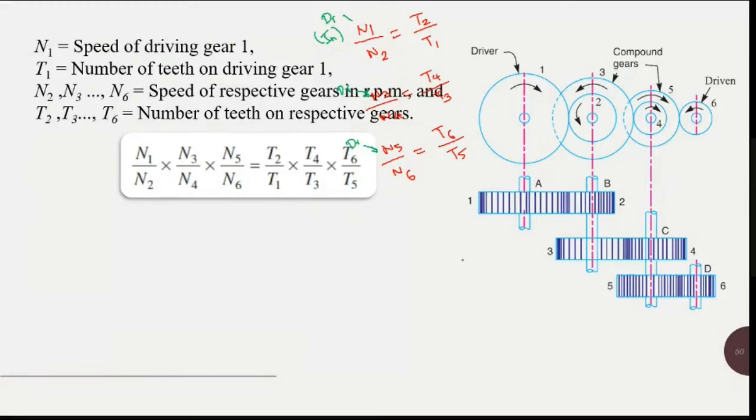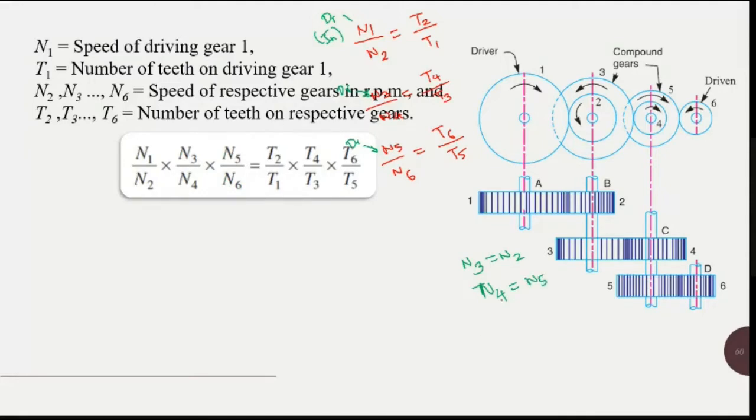So if gear 2 is rotating at 100 RPM, gear 3 will also rotate at 100 RPM because it is on the same shaft. Which means I can say that N3 is equal to N2. Similarly, these two are on the same shaft, so N4 is equal to N5.